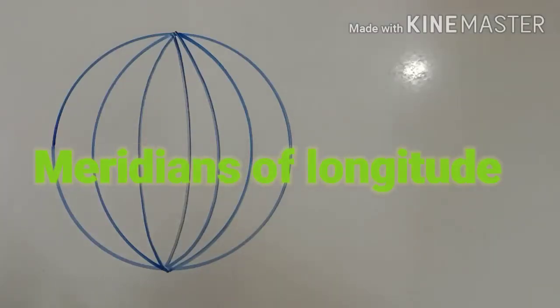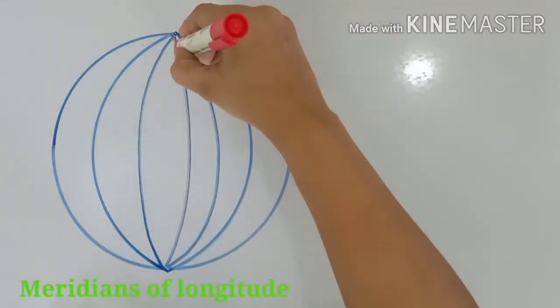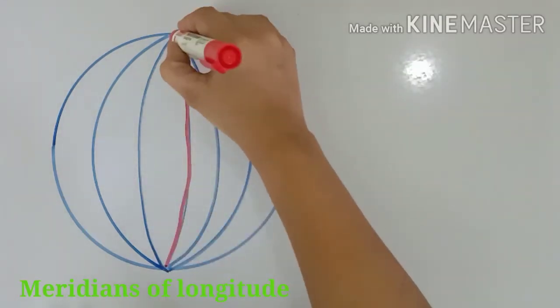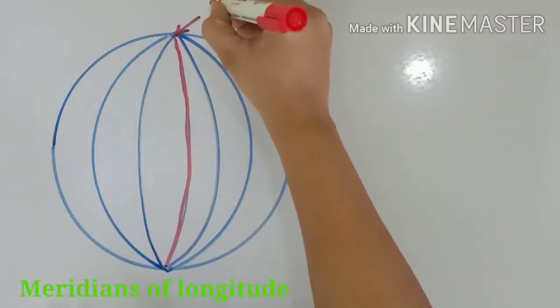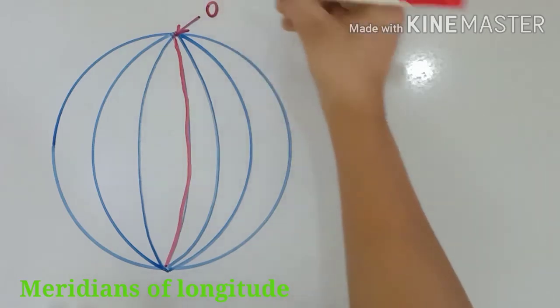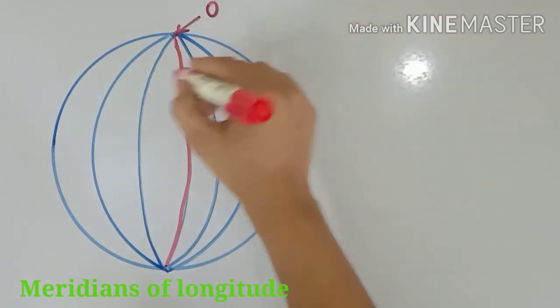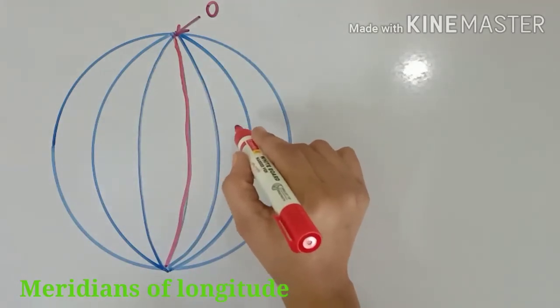Students, let's see how to name meridians of longitudes. Now here, let's consider this meridian as 0 degree. This 0 degree meridian divides the Earth into two equal halves.